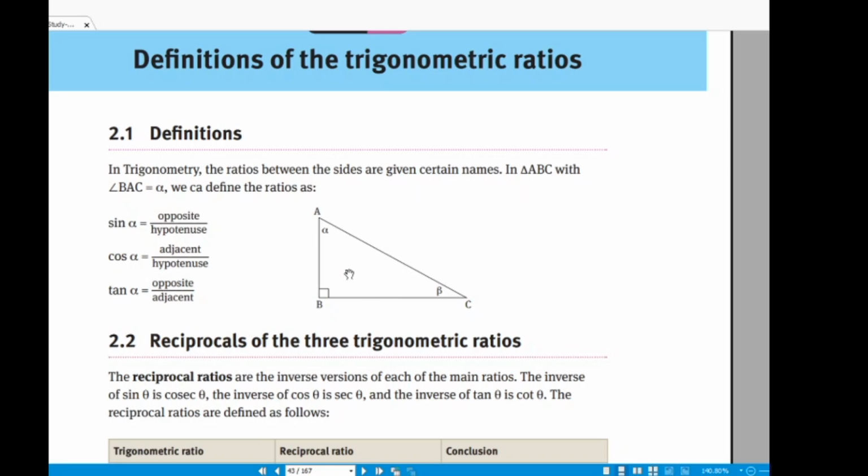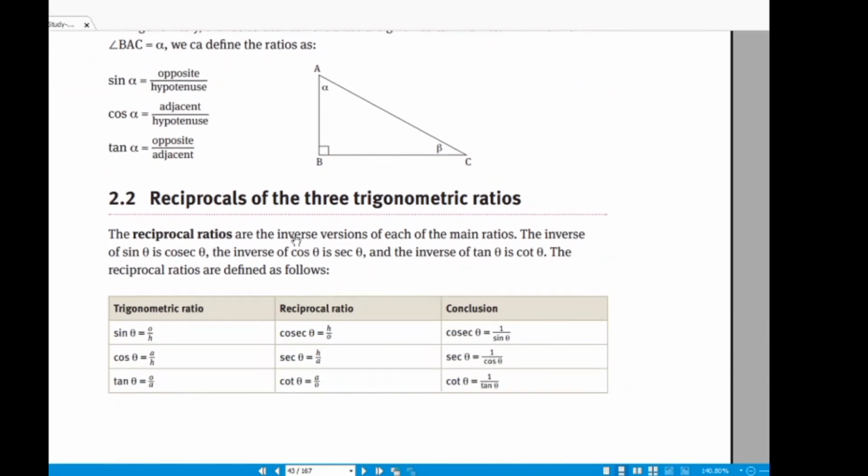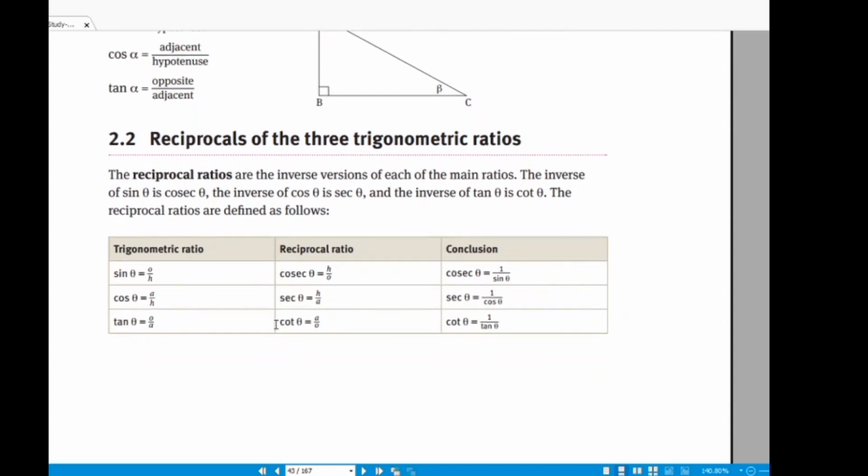These three trigonometric ratios have reciprocals.